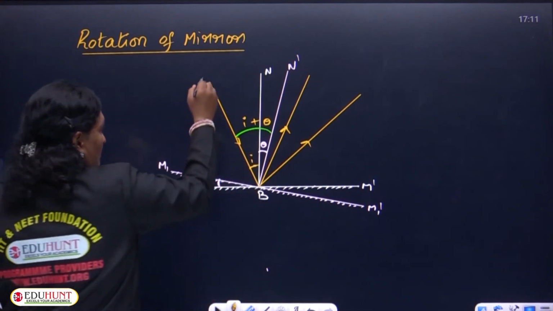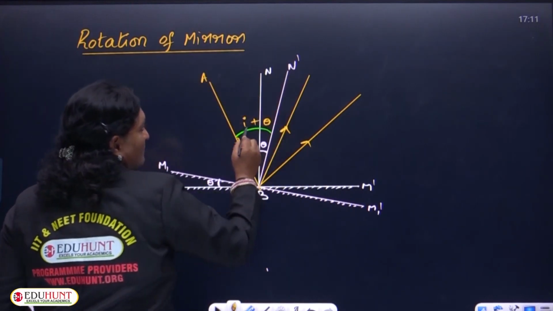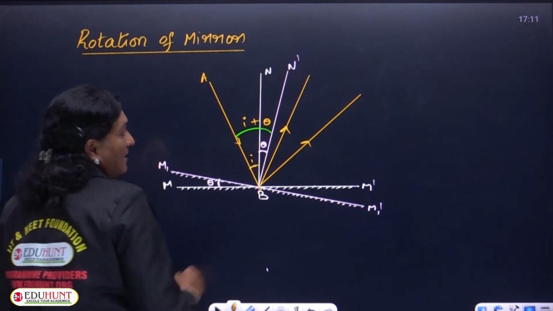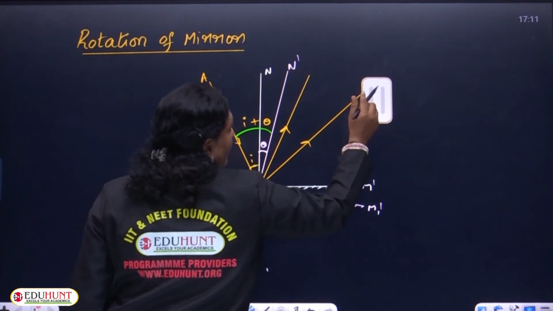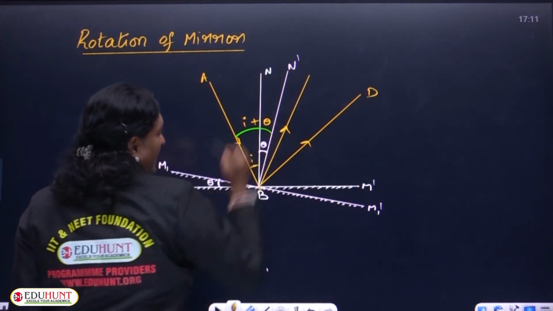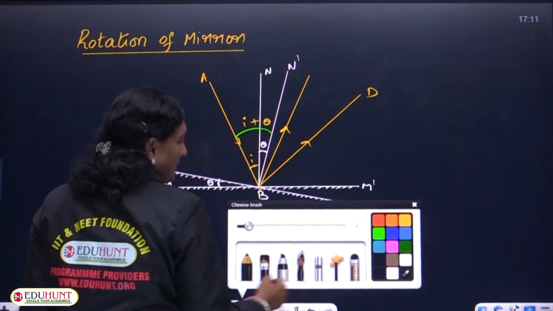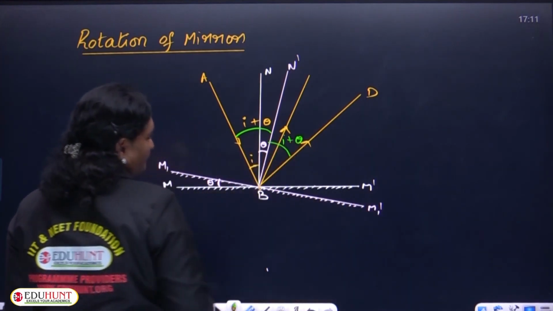The angle ABN dash is found to be i plus theta. Similarly, the angle between the reflected ray and the normal, DBN dash, must also be equal to i plus theta.